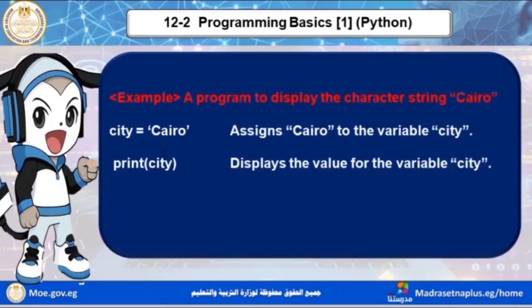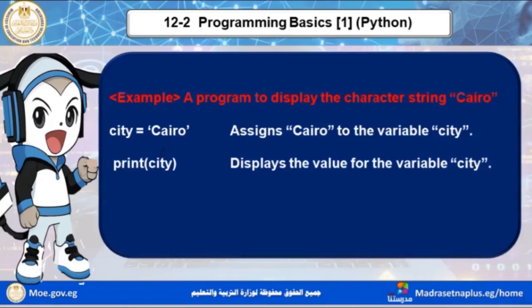So let's see how we can make a small program to display the character string Cairo. Cairo is a text value. We should put it inside a variable, and we can call this variable city. So to assign the value Cairo to the variable city, we write the statement as city = 'Cairo'.